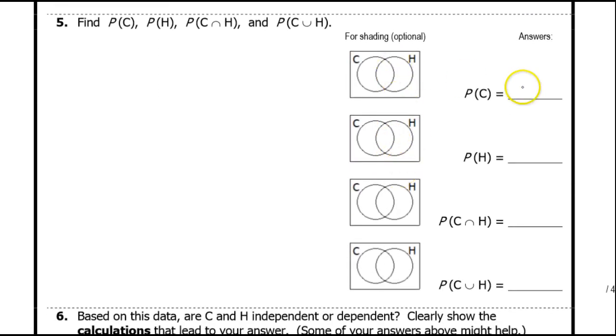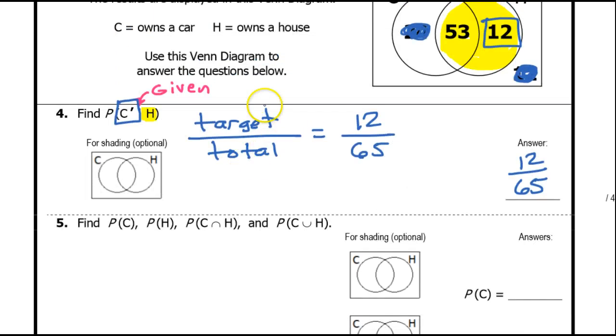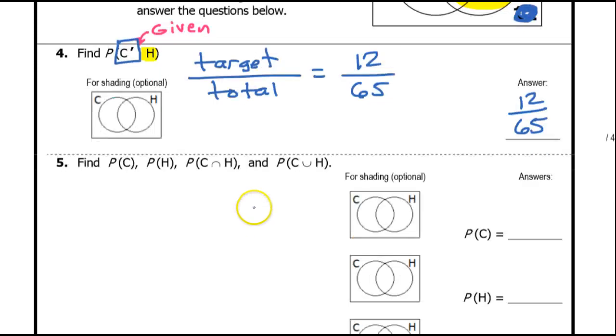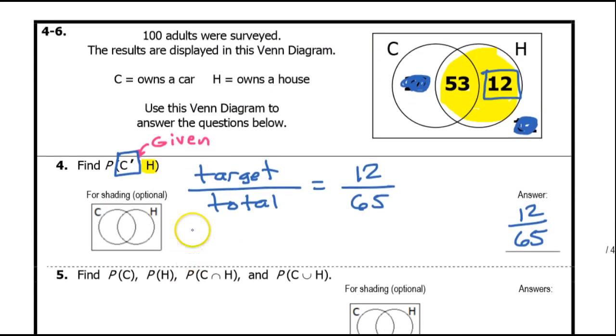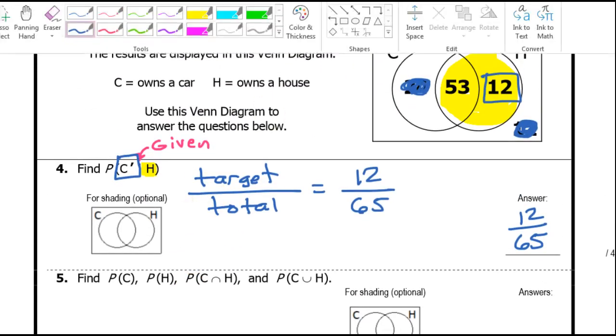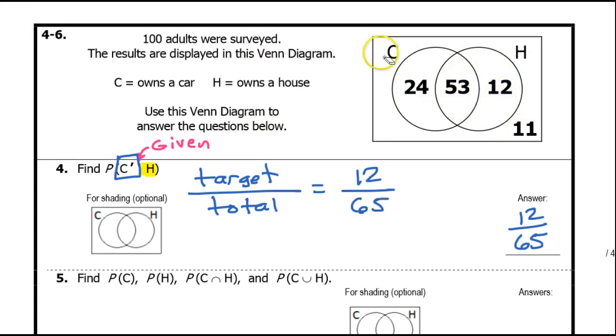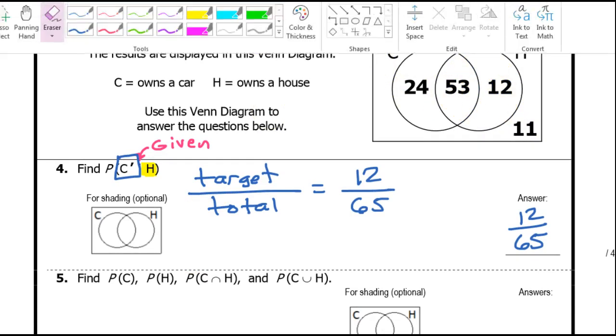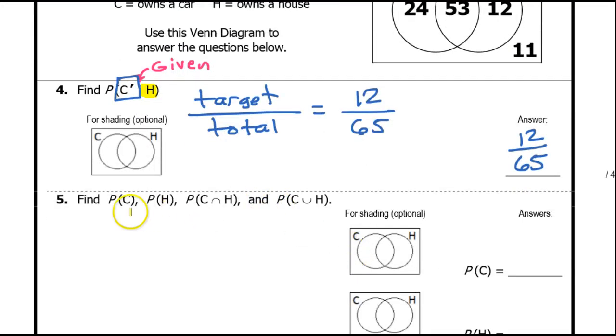All right, so we're about to find all of these probabilities. So let's find the probability of C. By the way, when you see the P, it stands for probability. Probability is target over total. So all of these should be fractions as opposed to just whole numbers. So the probability of C, okay, maybe I'll use these little diagrams that they have here.